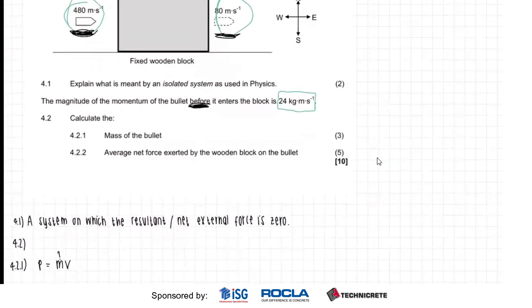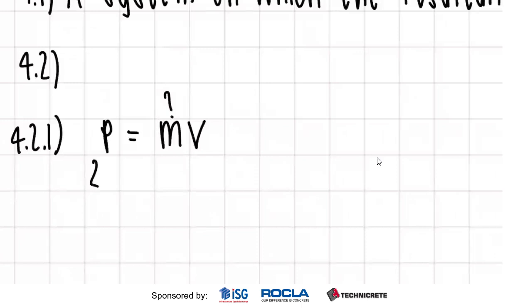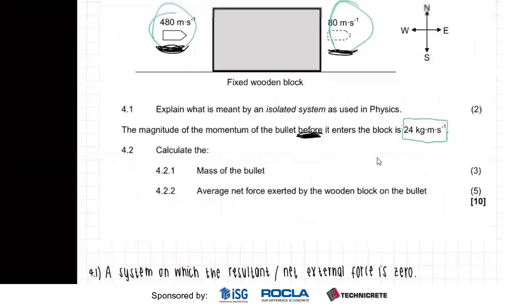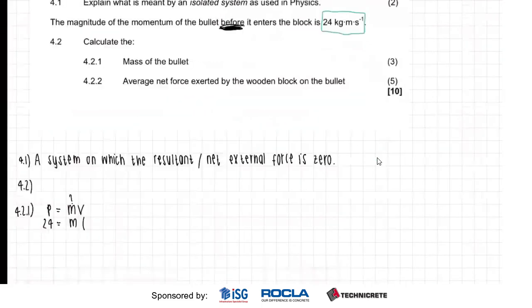So we were told that our momentum is 24 kilogram meters per second. We want to find out what the mass is, and we're given that the velocity before going into the block was 480 meters per second.